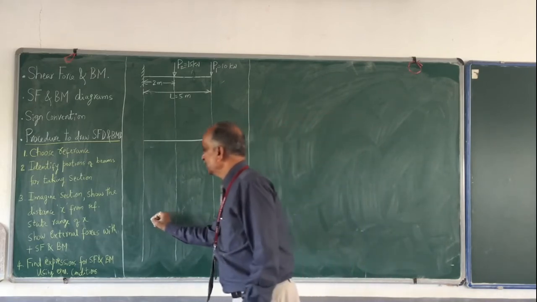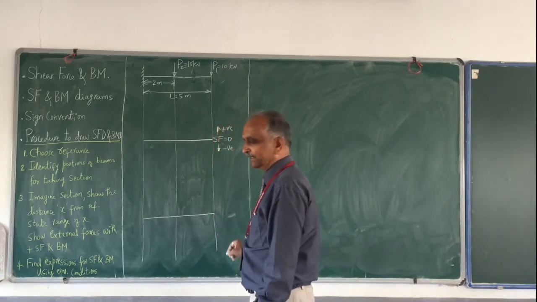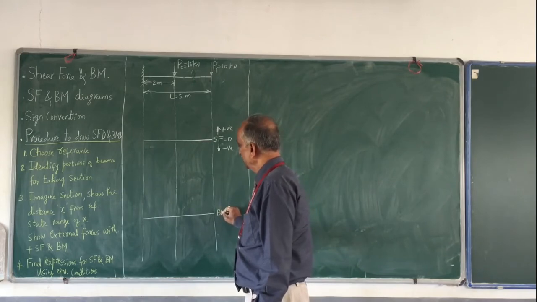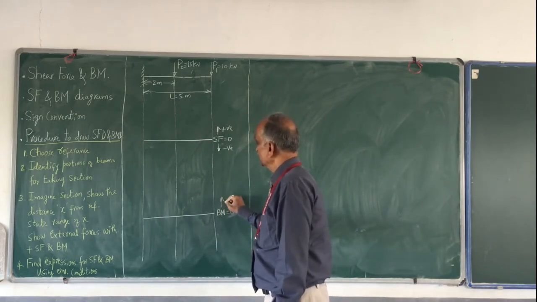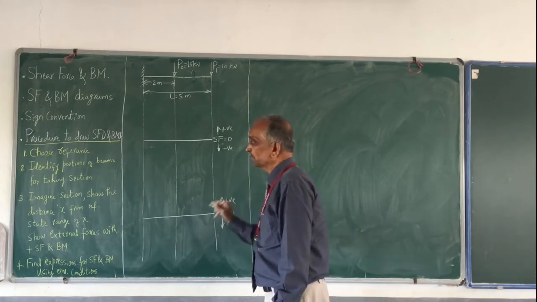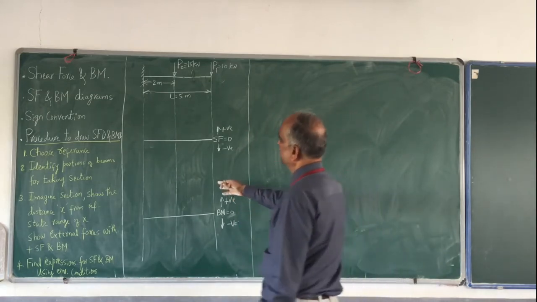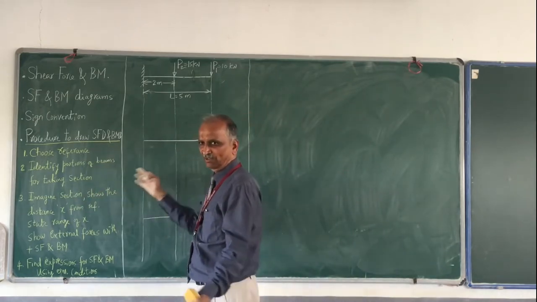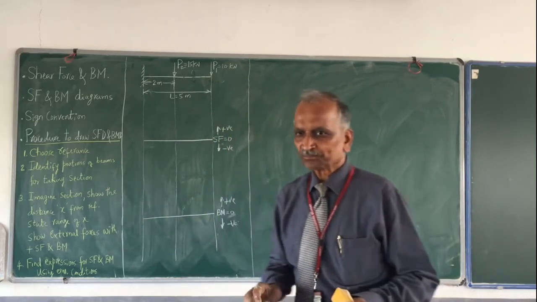Similarly, I draw one horizontal line for the bending moment diagram, and this line is bending moment 0, with upwards positive and below negative. All this I also stated in the procedure, for all problems that have been done. Then only we shall start.